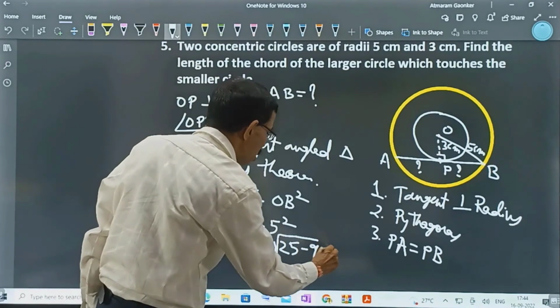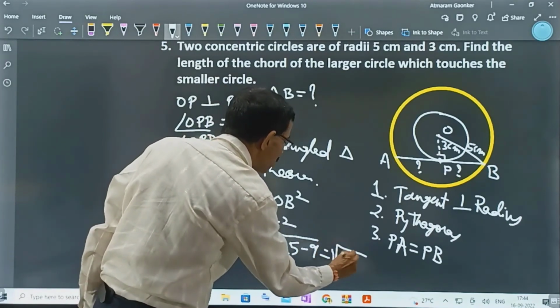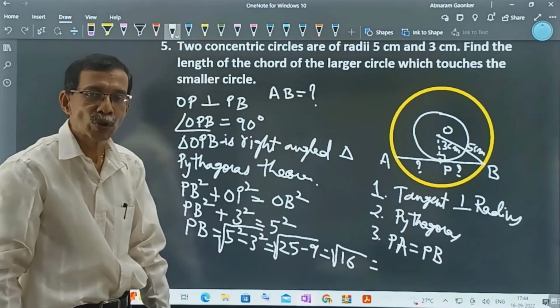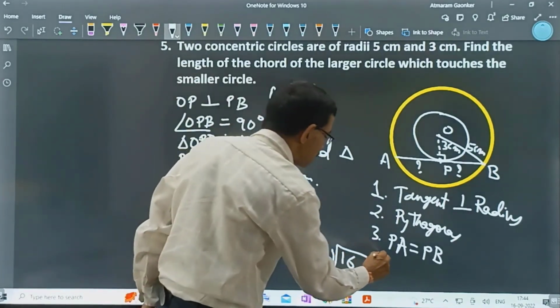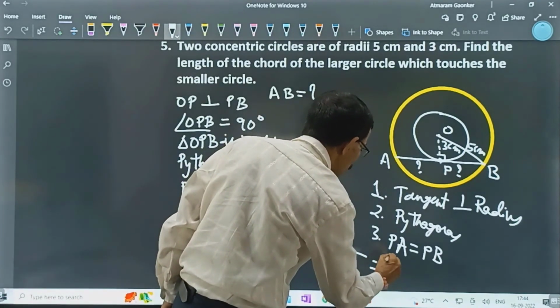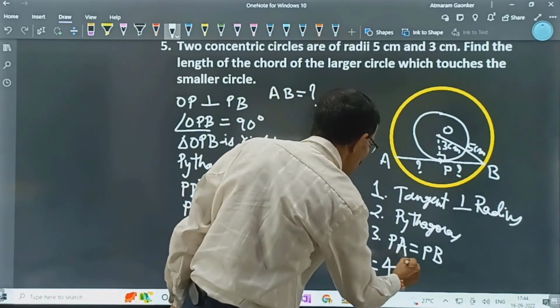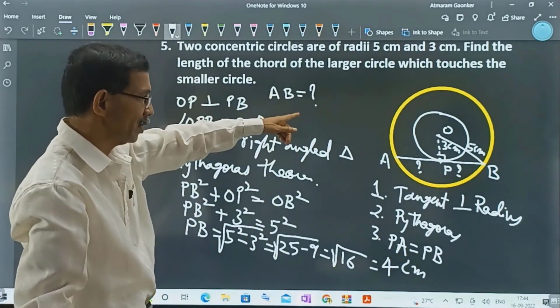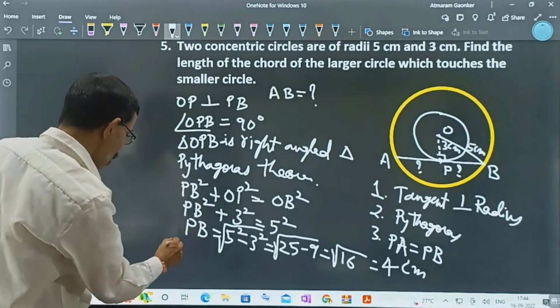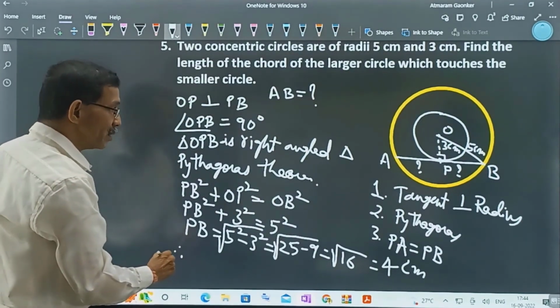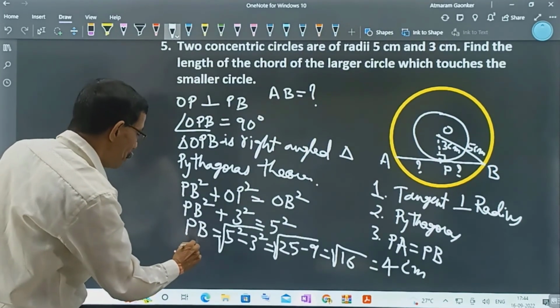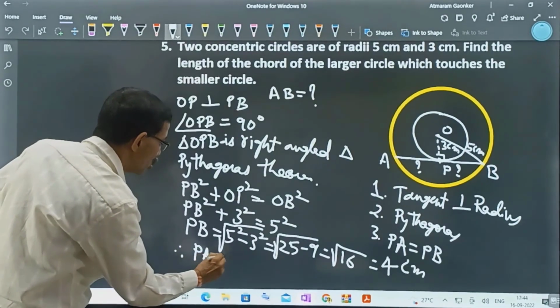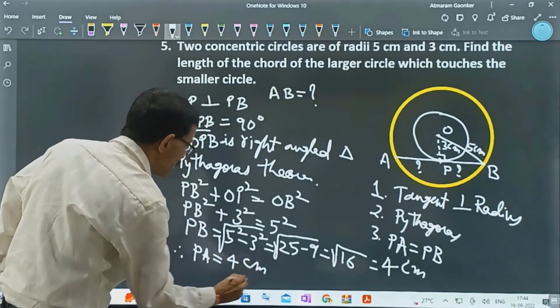This will work out as root of 16, and root of 16 we very well know is equal to 4. So length PB is 4 centimeters, but we are asked AB. So in the similar fashion, PA is also equal to 4 centimeters.